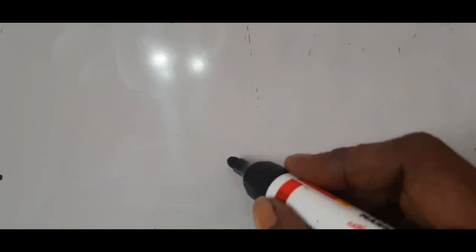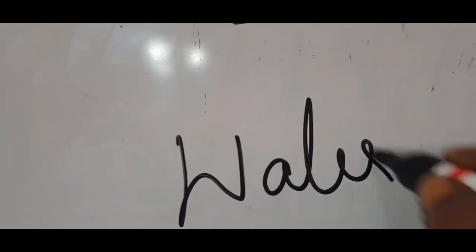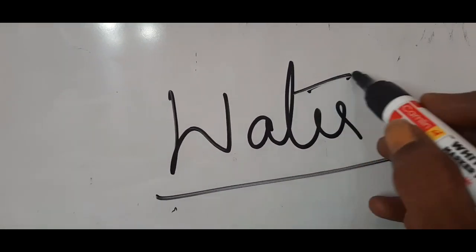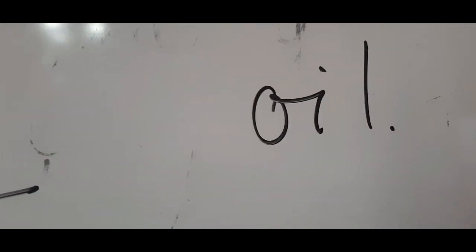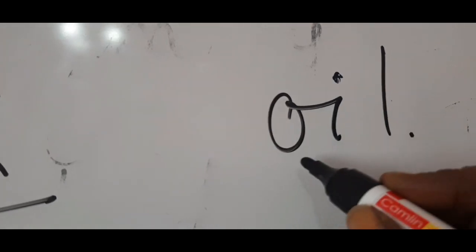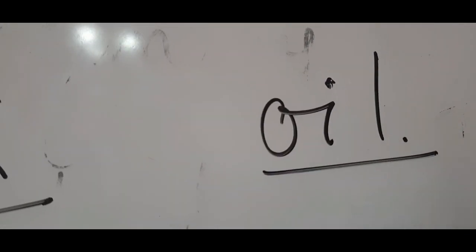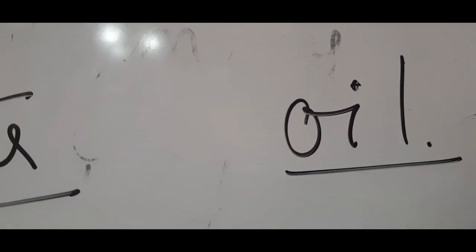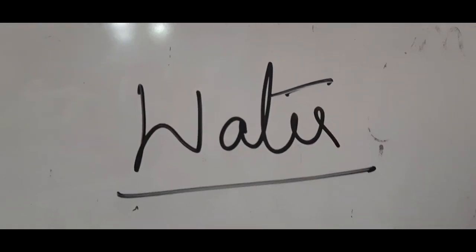See, if you take water and oil, if you pour water on any surface, you could see it flowing freely, whereas when you pour oil onto the same surface, you could see it restricts its flow compared to that of the water.